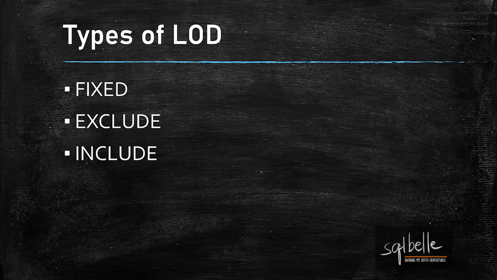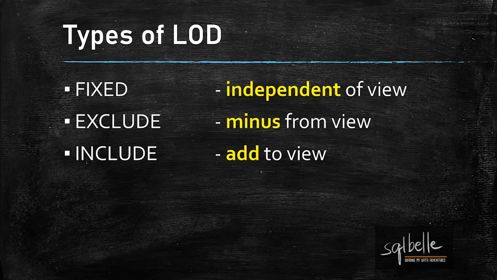let's take a look at the types of level of detail expressions. These are the three types of level of detail expressions. We have fixed, exclude, and include. I'm going to give you a quick round of definitions right now, but we're going to expand on this later on in this video. A fixed LOD expression means the number that you're calculating is independent of what's in your view.